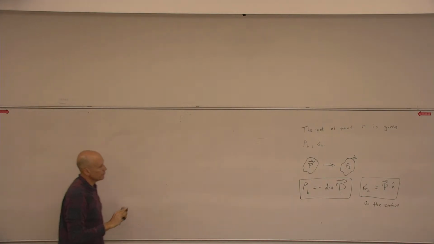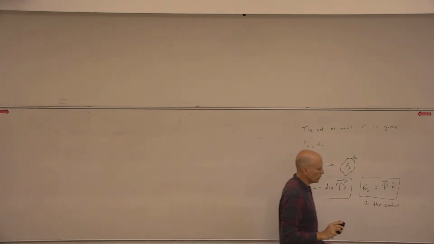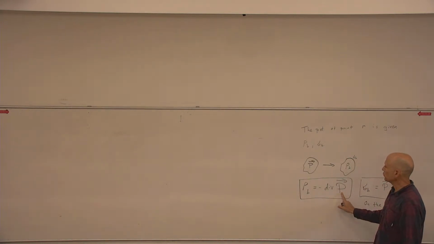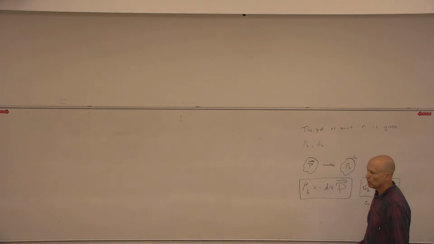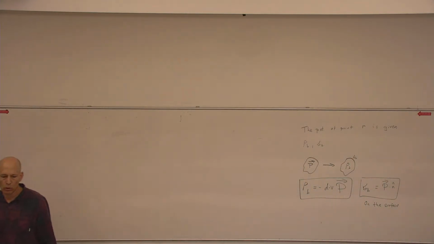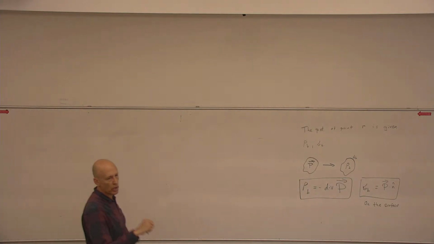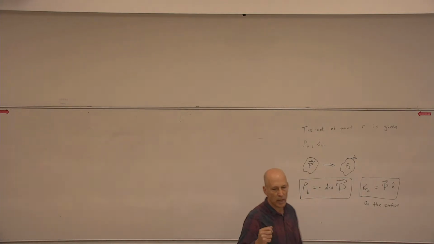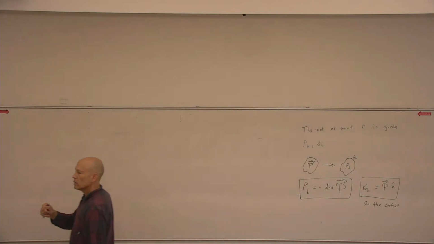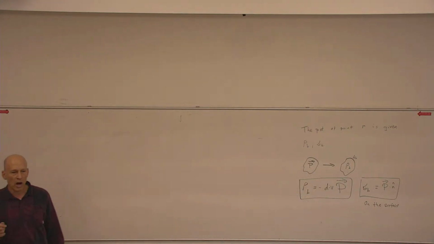So in a nutshell, what is the idea of going from these vector fields to these scalar fields? What do we want to do? We want to go from dipoles to charges. Dipoles decay like 1 over r squared. Charges decay like 1 over r.